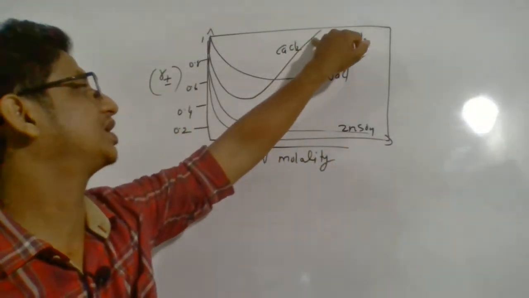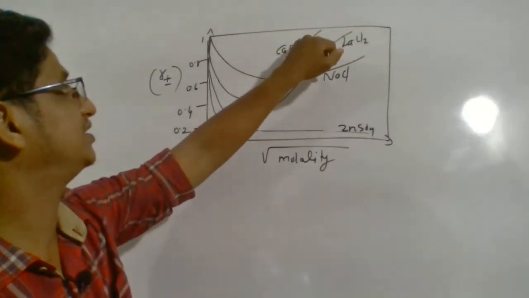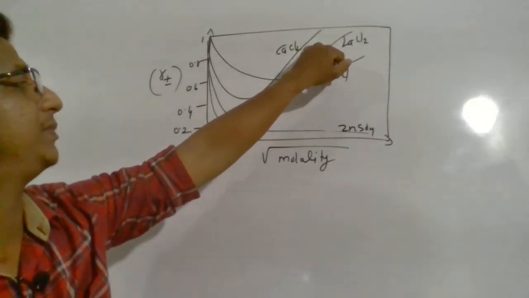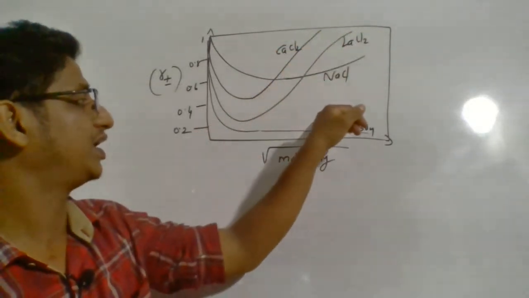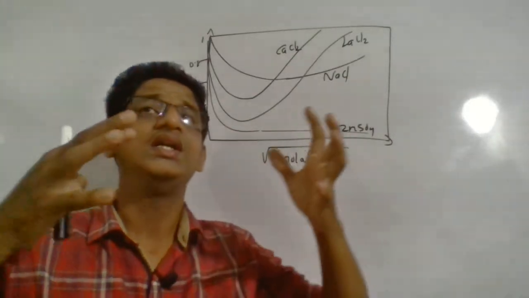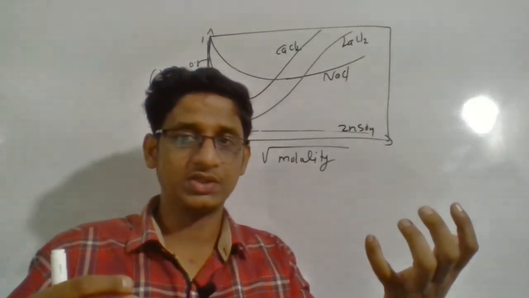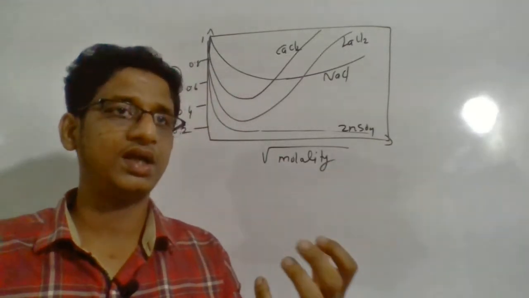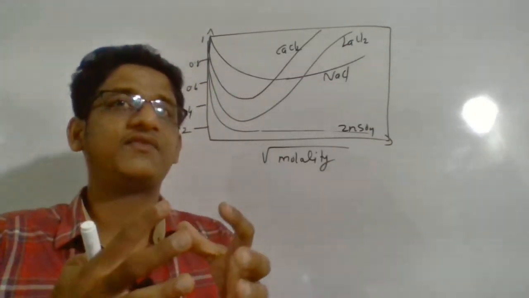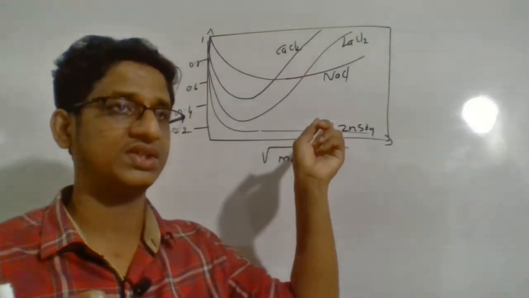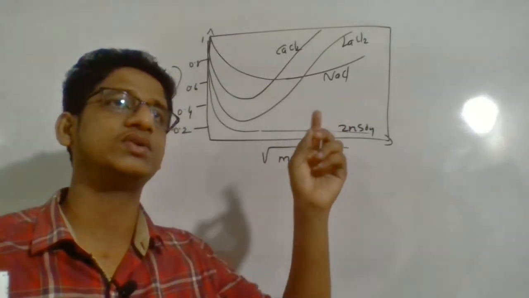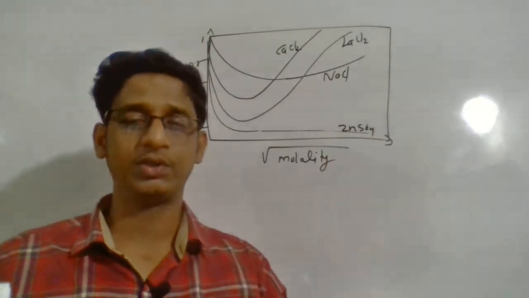Why does the mean ionic activity coefficient increase at a higher concentration? There you have to imagine the repulsion factor will be higher, because the cation and anion repulsion will be higher at higher concentration, which means ions are more able to move freely.